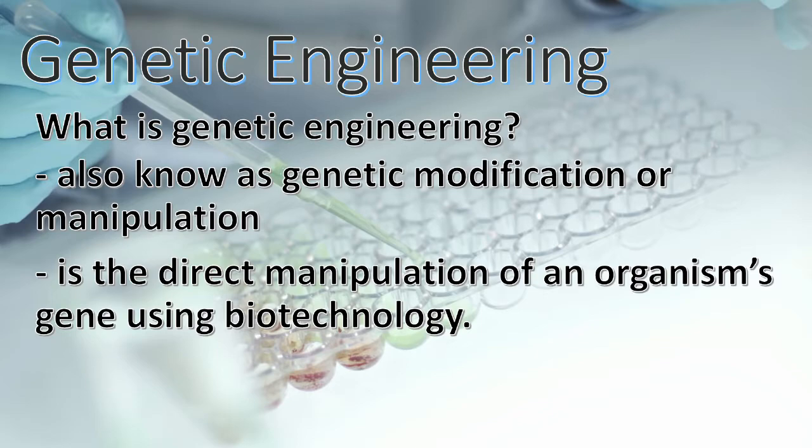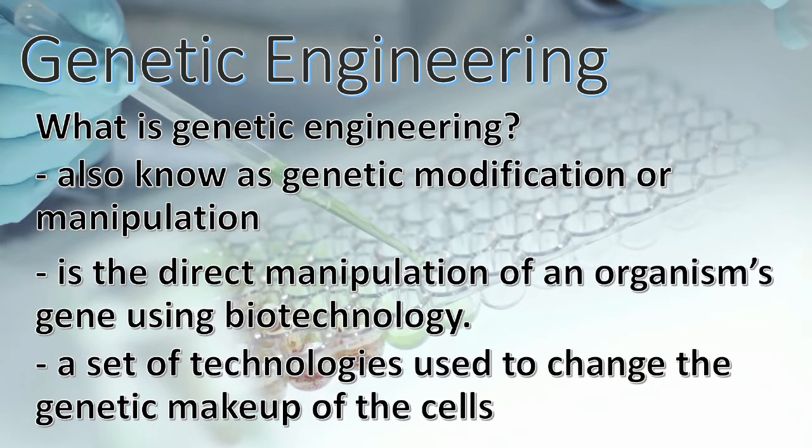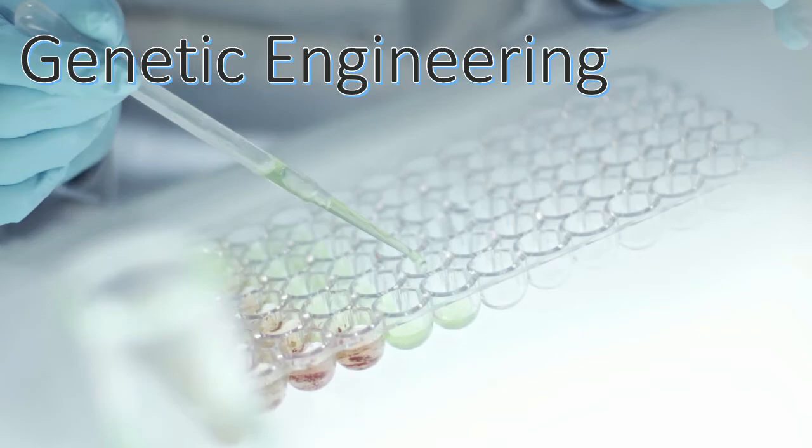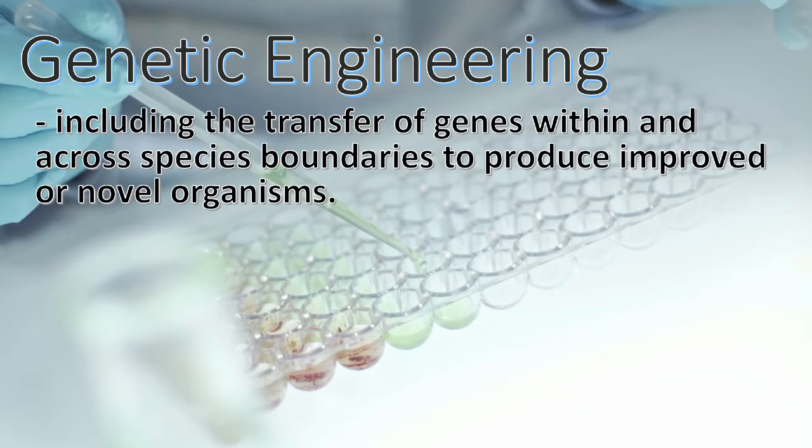As you can see in the background, these are some scenarios where they are doing it. It's also a set of technologies used to change the genetic makeup of cells, including the transfer of genes within and across species boundaries to produce an improved novel organism. If you have heard this before, novel is also used in COVID-19.